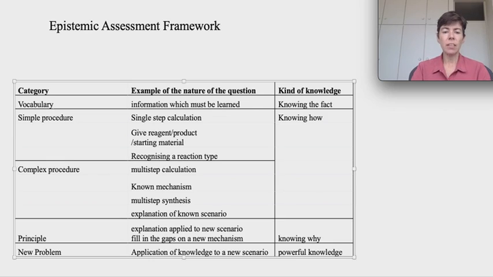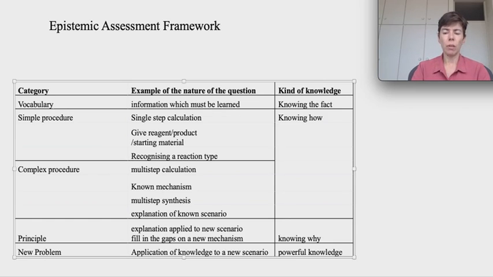The categories of the different kinds of knowledge, which here is translated into different kinds of question we might ask in a formal assessment, that would be a test or an exam, is given on the left-hand side here. So just running through them relatively quickly, the vocabulary is stuff that you just need to learn.